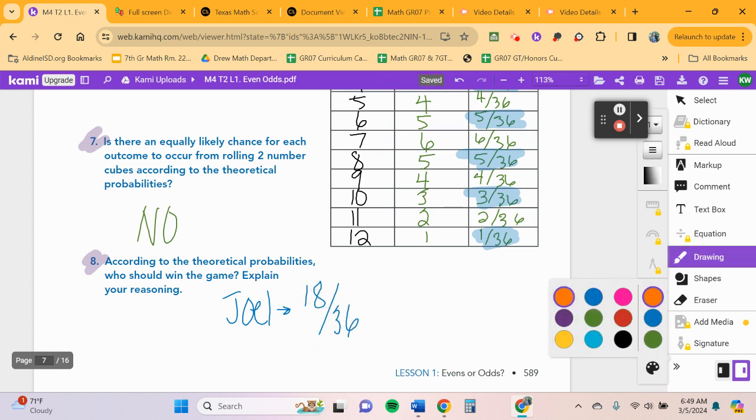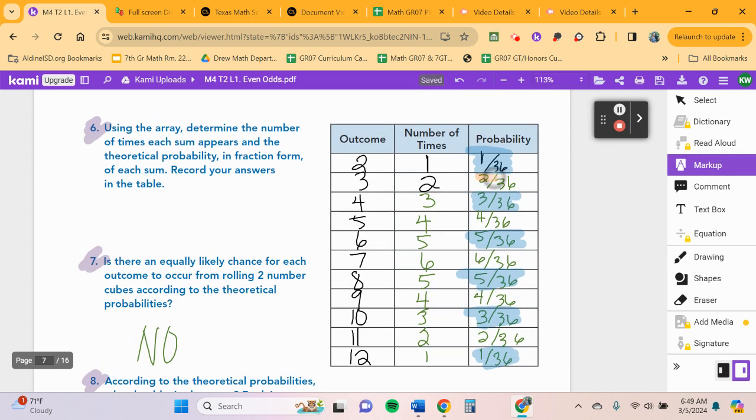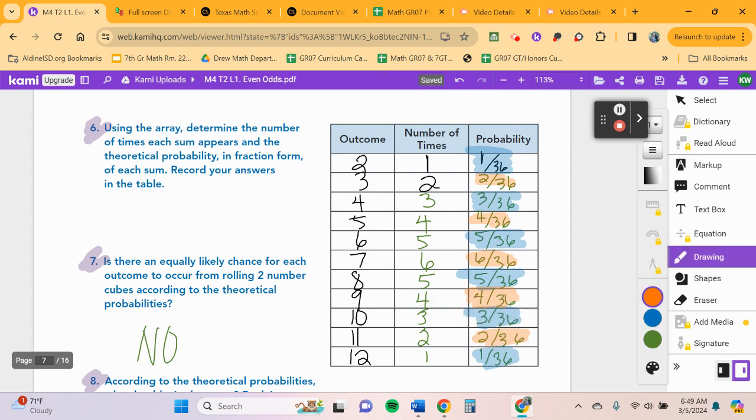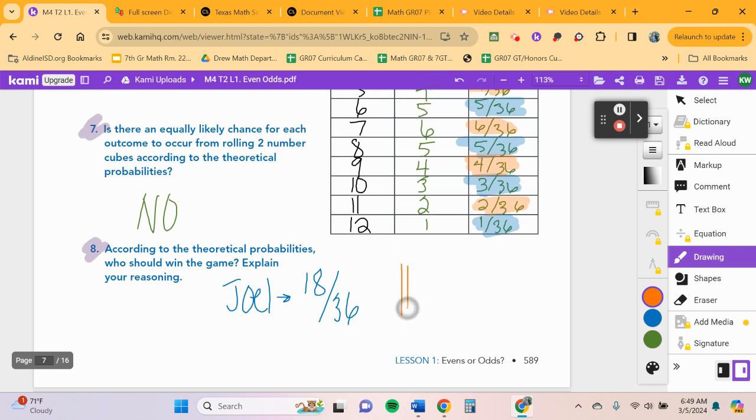And Haram, let's do orange for Haram to highlight those. So odd is 3, odd outcome 5, the odd outcome 7, the odd outcome 9, and 11. Let's add those up. That gives us 2, 6, 12, 13, 14, 15, 16, 17, 18. So Haram has an 18 out of 36 chance.